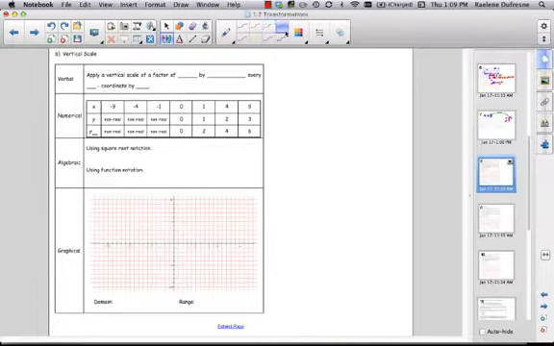Okay, I'm going to go through this a little bit more quickly. Apply a vertical scale factor of, well, let's just go and see. It looks like vertical scale means we are multiplying y, and it looks like every single time we have multiplied y by 2. So fill in 2. Apply a vertical scale factor of 2 by multiplying the y-coordinate by 2.